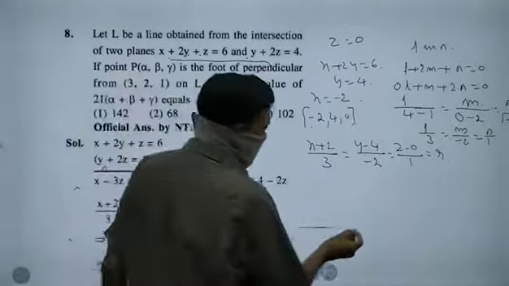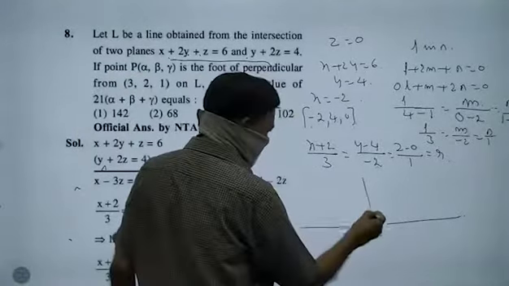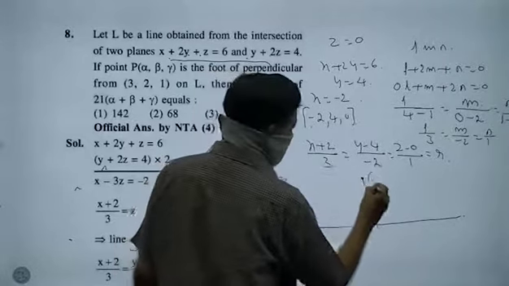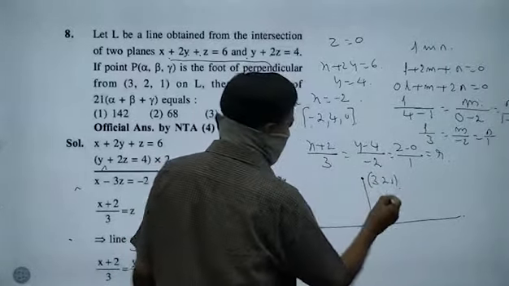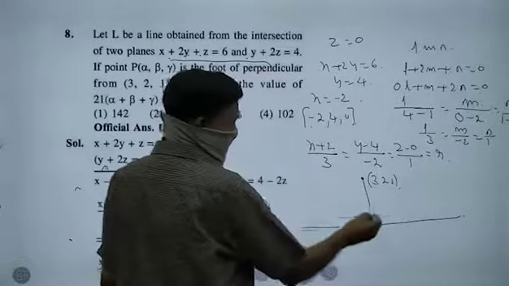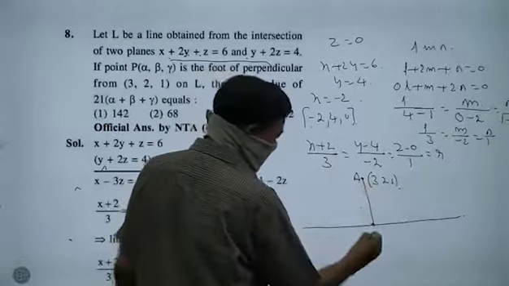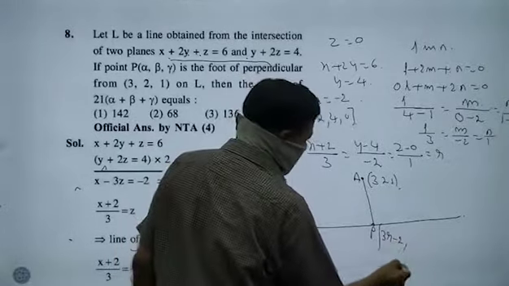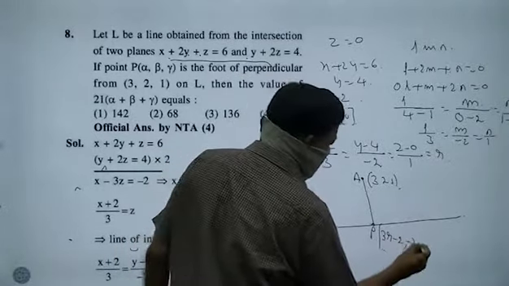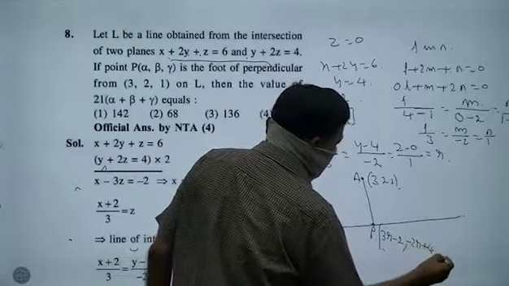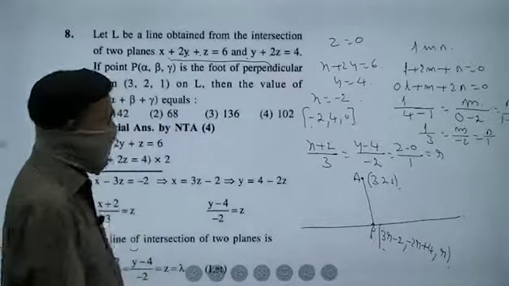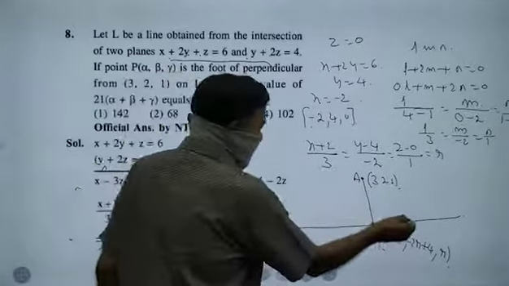Now, this is the foot of the perpendicular. This point is what? 3, 2, 1. So, this general point P will be 3r minus 2, minus 2r plus 4, r. What are the DRs of this line?